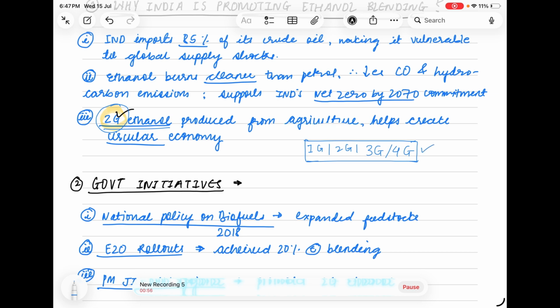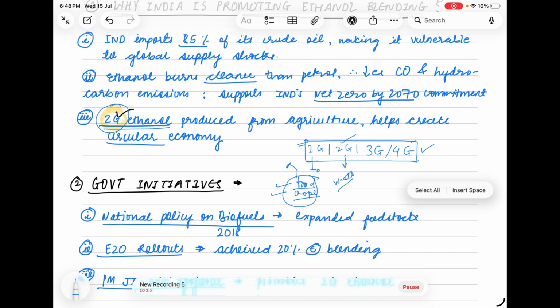Just like we have generations for our internet, these are the generations of ethanol. The first generation is ethanol produced from food crops such as sugarcane, maize and damaged food grains.